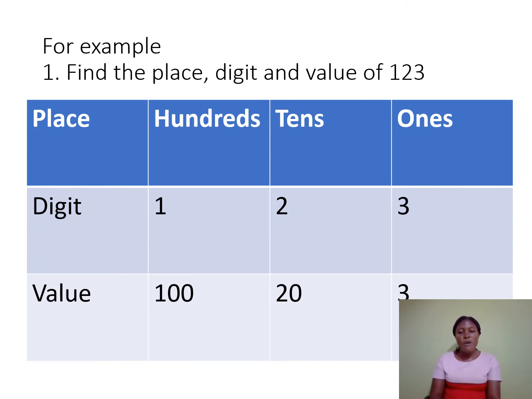The value for the digit 1 is hundreds in figures, which is 100. The value for 2 is 20. And the value for 3 still remains 3 because it only consists of one number symbol or one digit. Hope you understand. Good. Now let's move on.